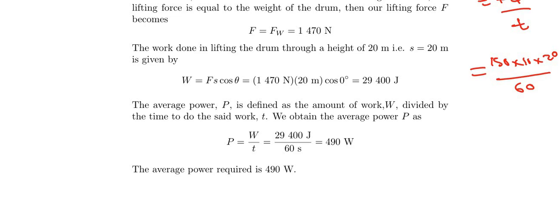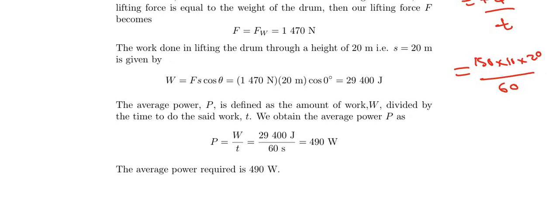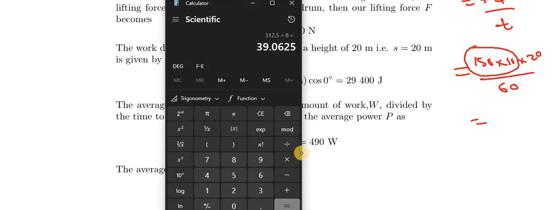I've just used the same equation: power is equal to force times distance over time. The force is simply the weight, the 150 times 10. The distance we're covering is the height, which is 20, divided by 60. If you punch this in, it's just formulas really, very simple. 150 times 10, times 20, divided by 60.